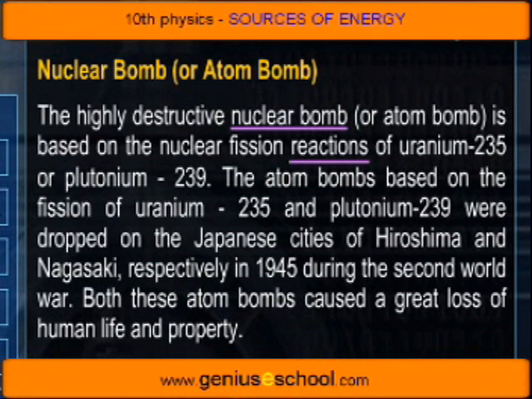The atom bombs based on the fission of uranium-235 and plutonium-239 were dropped on the Japanese cities of Hiroshima and Nagasaki respectively in 1945 during the Second World War. Both these atom bombs caused a great loss of human life and property.